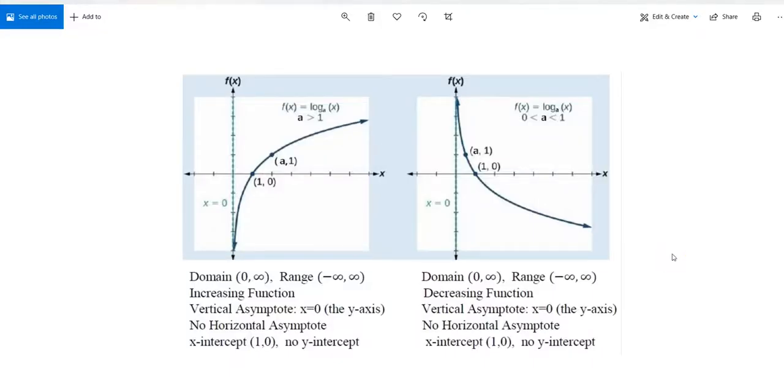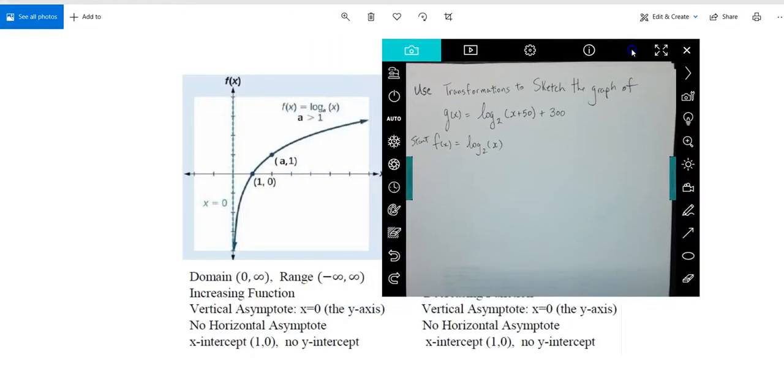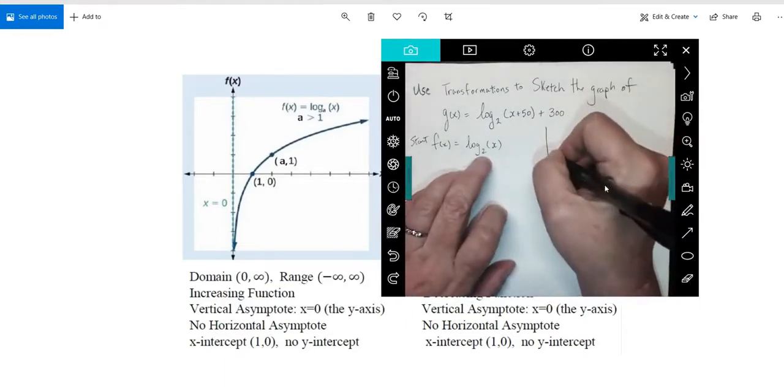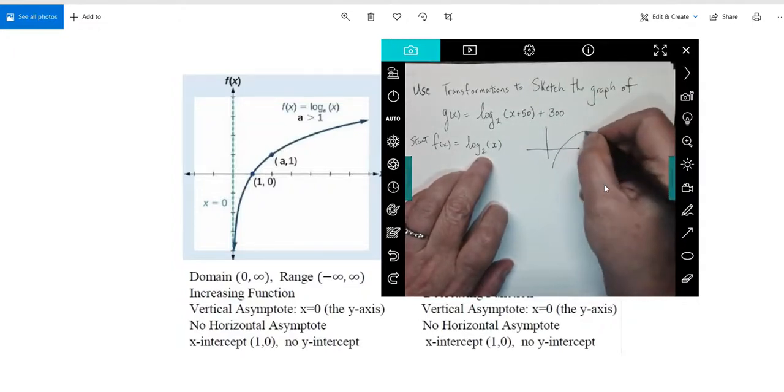The base is 2, so my base is a number bigger than 1, and my basic function is going to look something like this.